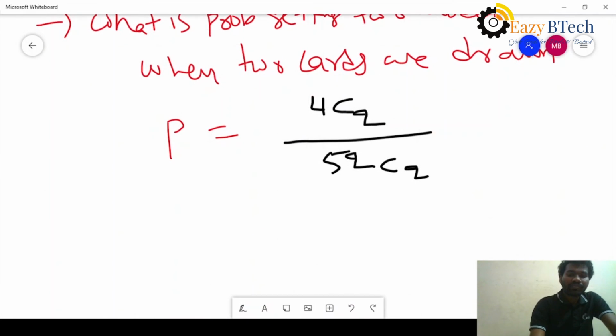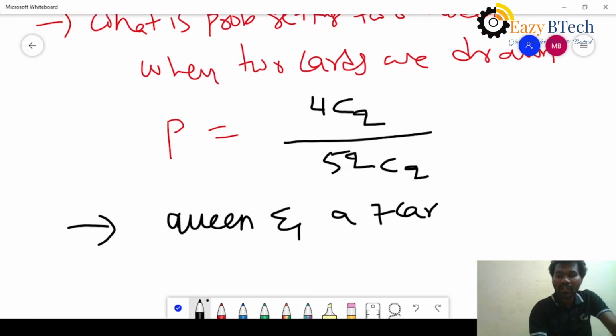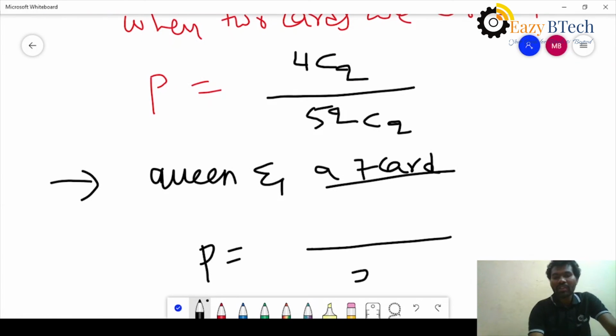Similarly, if they gave you the same two cards drawn, and they want one queen card and another one a seven card, the denominator part is everywhere the same, 52C2 only.